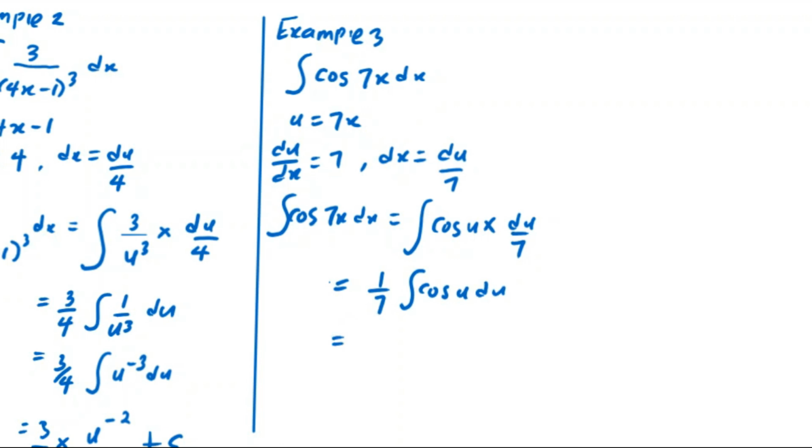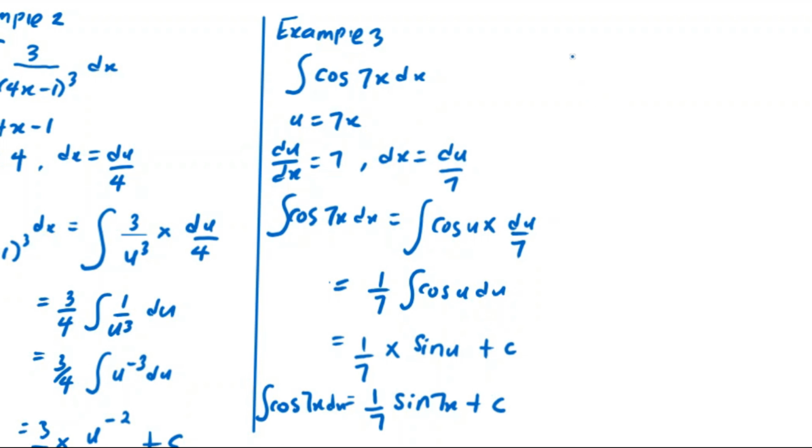When you differentiate cos, you get sine, so that will give us 1 over 7 multiplied by sine u plus arbitrary constant. We took our u to be 7x, so this gives us 1 over 7 sine 7x plus arbitrary constant c. And that will be the value for the integral of cos 7x dx.